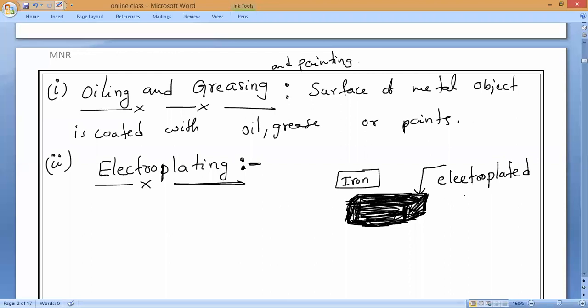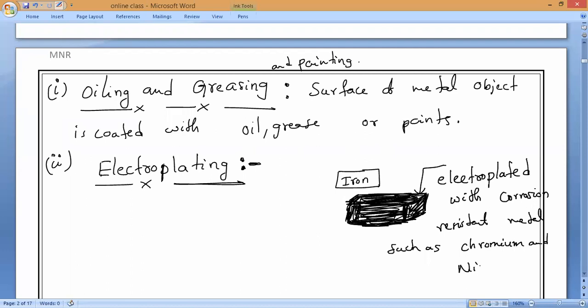The iron is electroplated with a corrosion resistant metal, such as chromium or nickel. They have very little corrosion and more corrosion resistance. Is it okay, guys? The nickel will not rust, or it will rust only in a small percentage. It's not like iron.